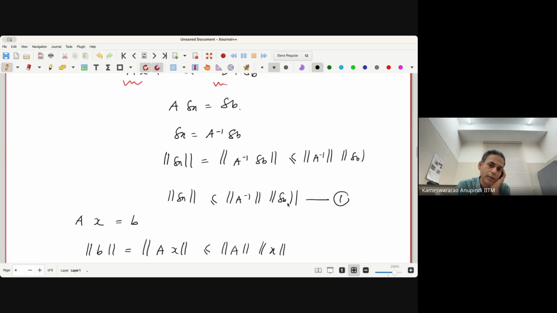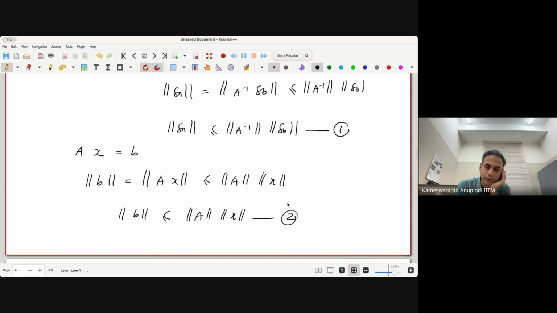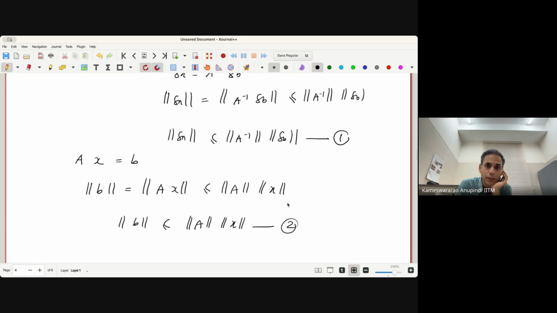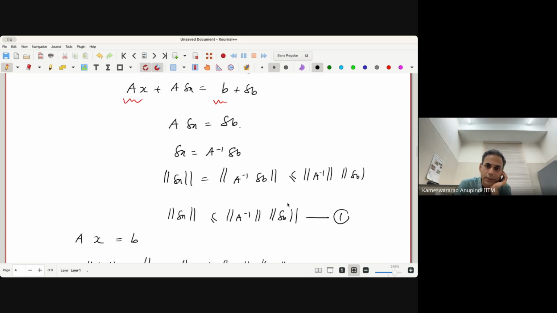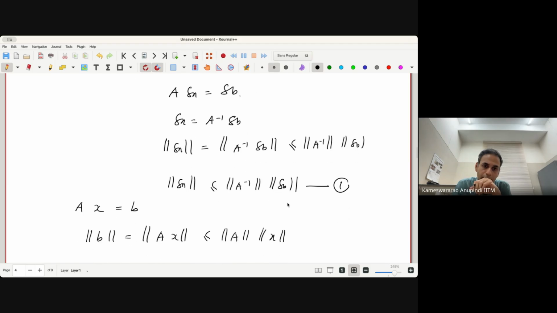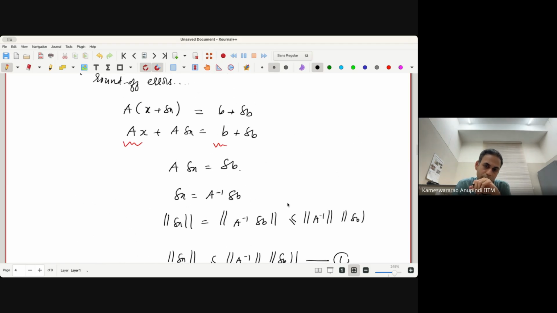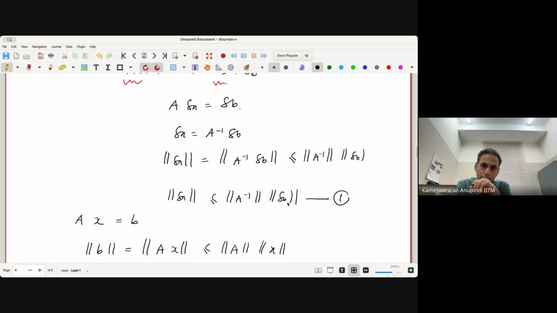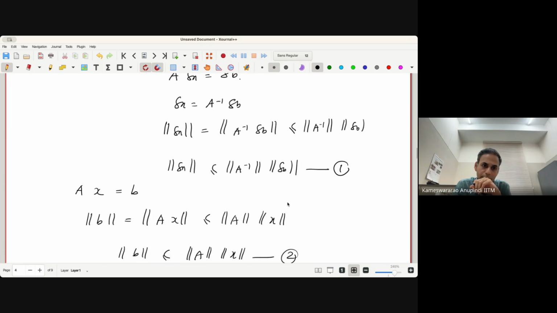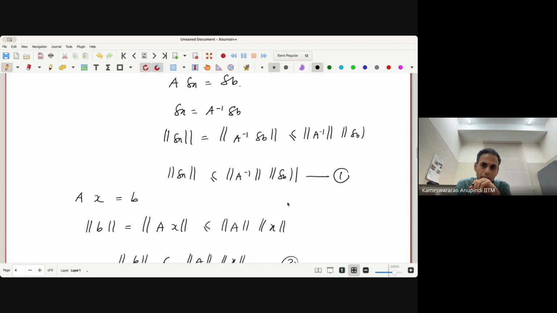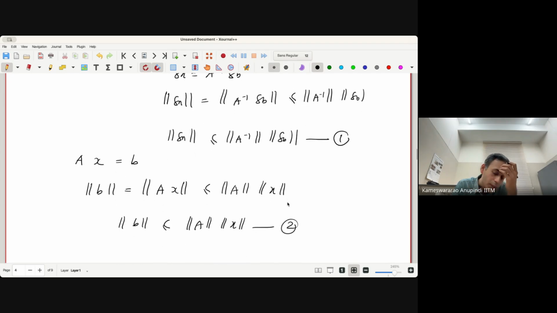So we have delta X. A times delta X equals delta B. I got delta X here, this is inverse. So we have delta X is this thing.